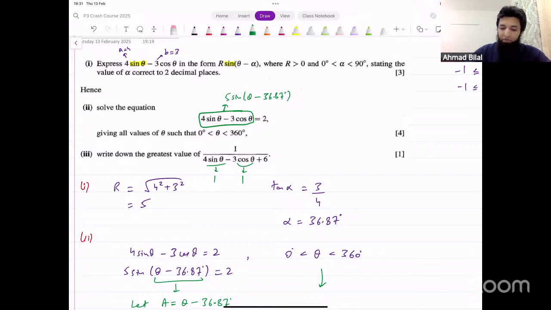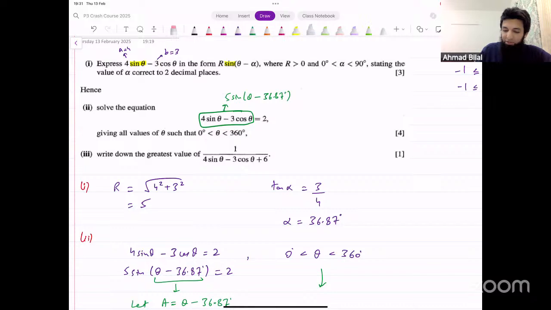So finding range is not possible if you do not have a single function. That is the reason there's this word hence here, that you have to use the first part somehow to answer this third part as well.